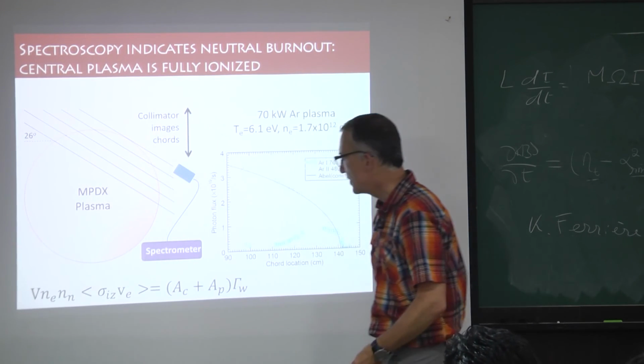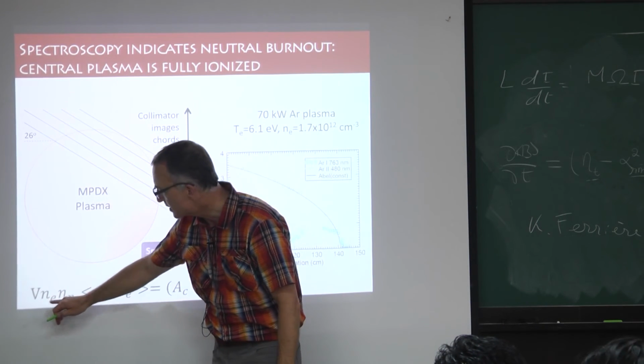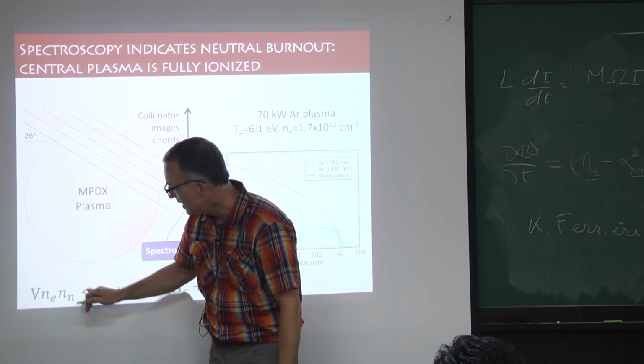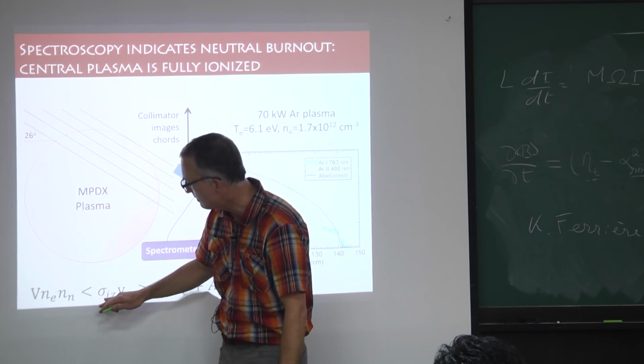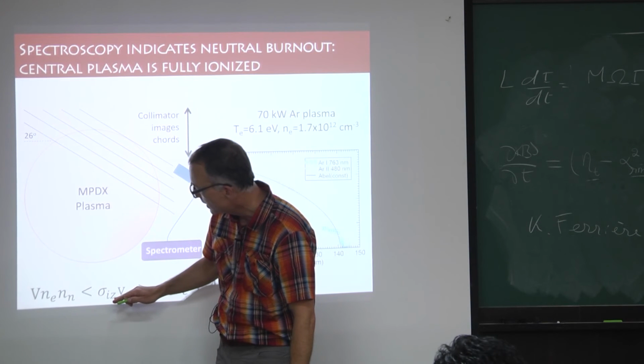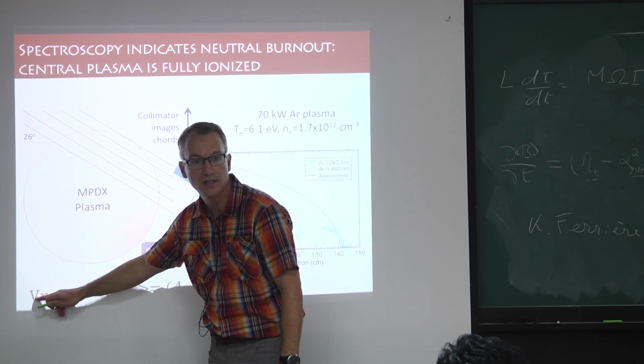You can think about this in the following way. The plasma production is governed by the electrons colliding with the neutrals. It's volumetric, so the number of electrons being created per unit time is an ionization rate times this factor here. So there's a volume that goes into this.